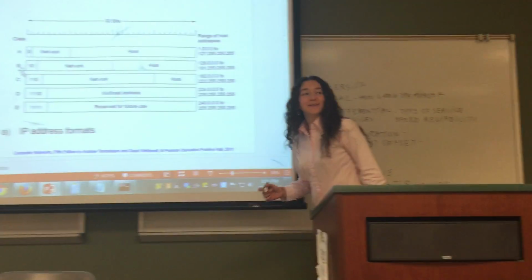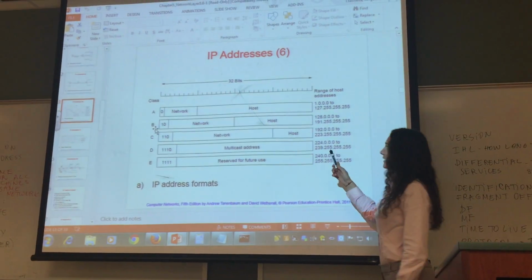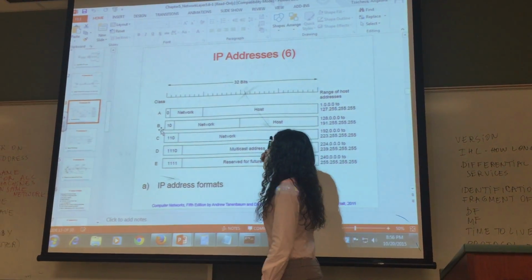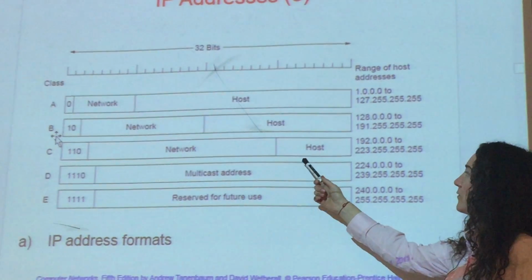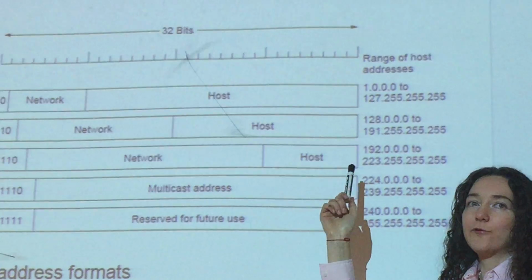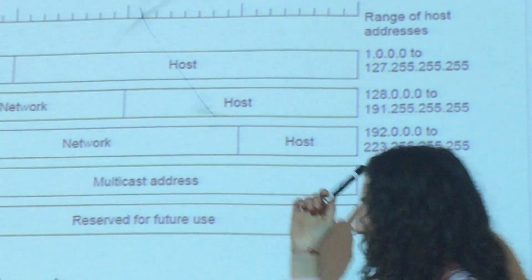2 to the power of 8 is 256, so from 0 to 255. The IP addresses will all start in the same way, and they will end from 0 to 255 for each of the 256 machines on this network.